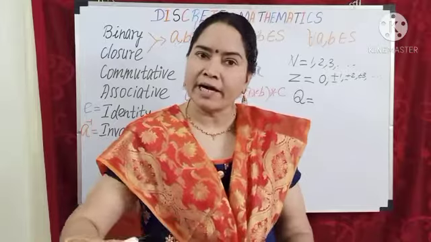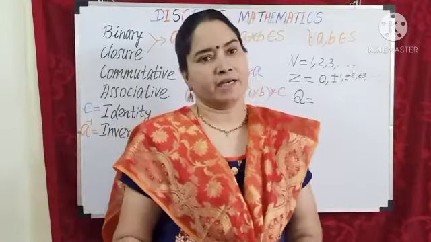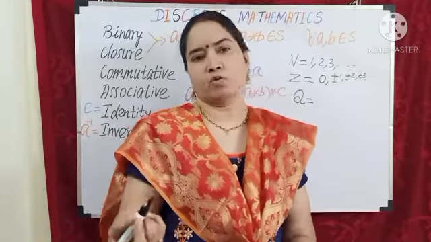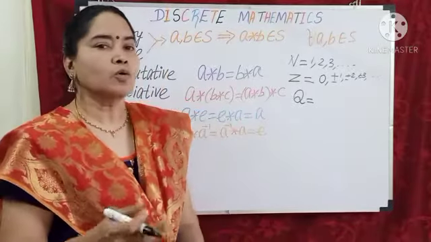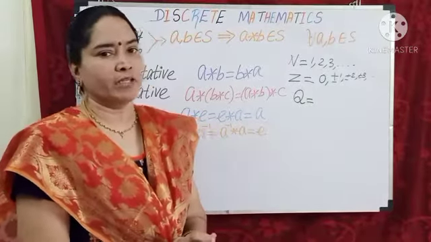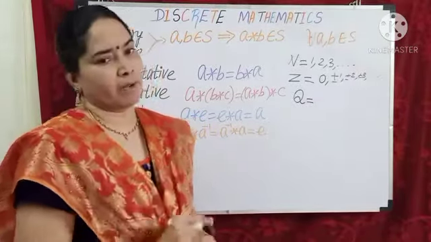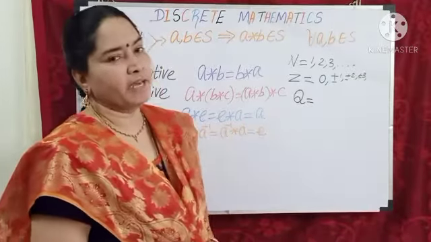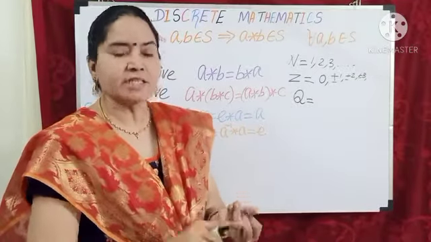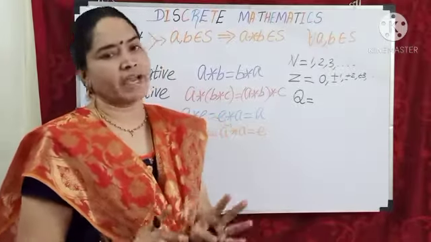It goes on and on like a non-recurring decimal. Root 2, root 3, root 5, such things. Which set do I call for them? That is irrational numbers. So Q contains positive, negative, 0 and fractions.